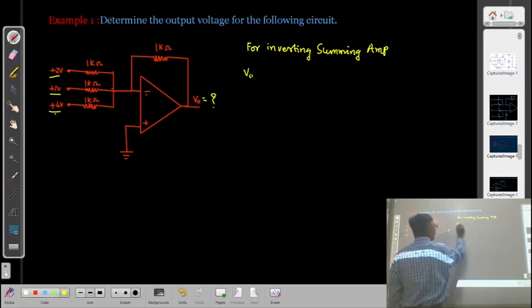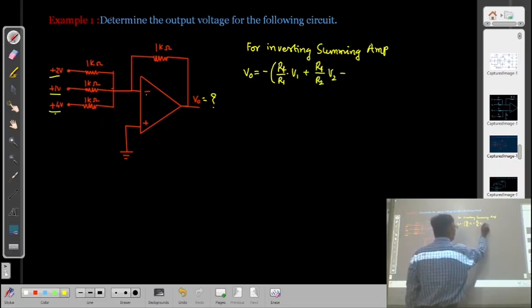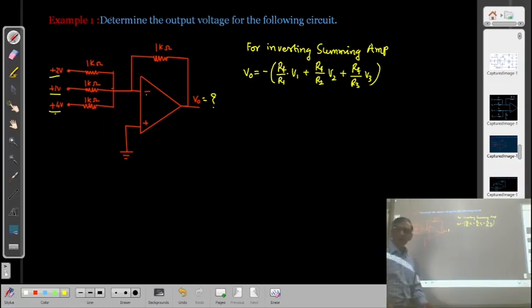It is given as VO is equal to minus RF by R1 into V1 plus RF by R2 into V2 plus RF by R3 into V3.